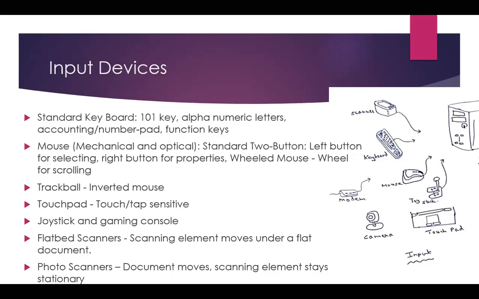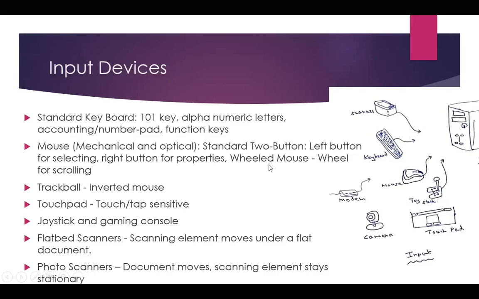For example, if I want to select a particular file on my computer, I will point to that file and click my left mouse button. The file will be selected. Then I will click my right mouse button and the methods associated with that file, for example, copy the file, move that file, rename that file, open that file, all those things will be displayed by the right button.